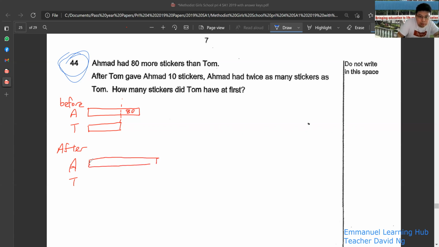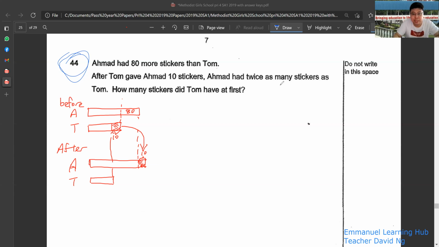So this is 10. Then he gives him 10 more. You understand my model?